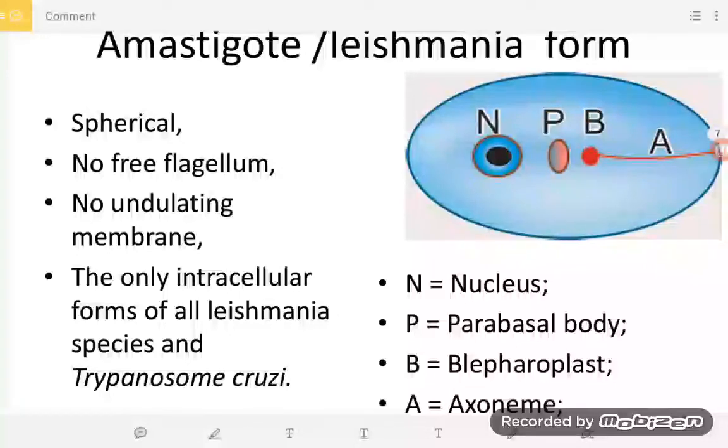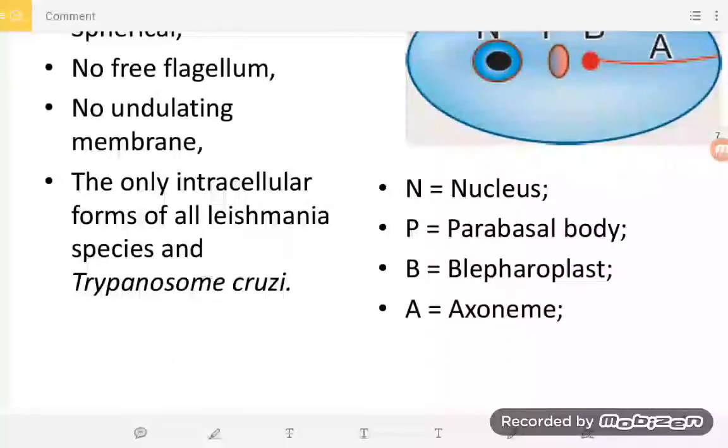Intracellular means we can see it inside the cell; without the cell they cannot survive. This amastigote form is seen in all Leishmania species and Trypanosoma cruzi, but we cannot see it in Trypanosoma brucei.